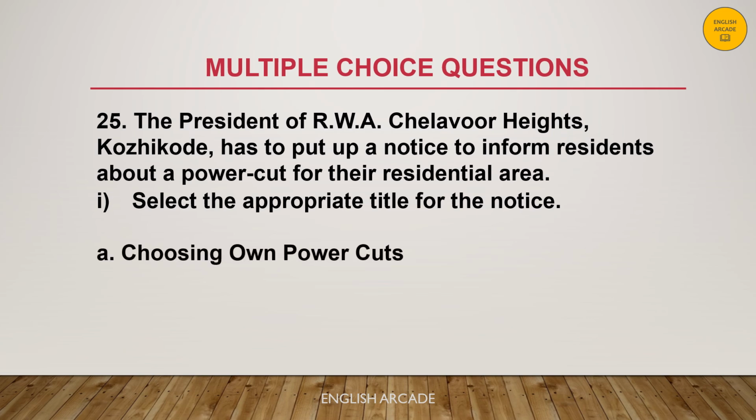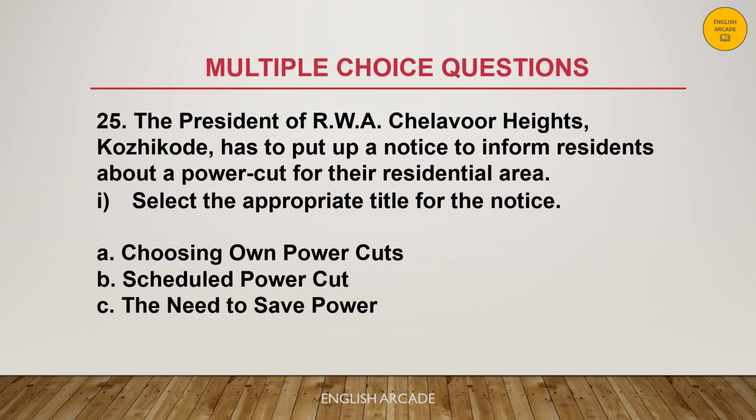And your options are A, Choosing Own Power Cuts, B, Scheduled Power Cut, C, The Need to Save Power, or D, Power and Resident Safety. The correct answer is B, Scheduled Power Cut. So we have to choose the most appropriate answer among the options given here after reading the question very carefully.